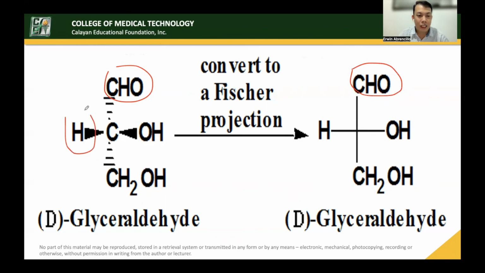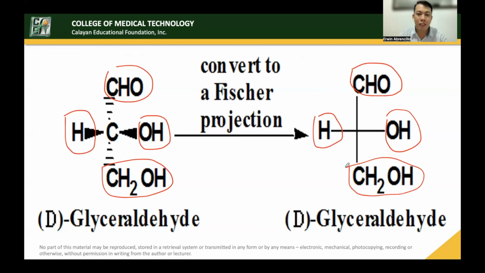Then H here at the left side, and then H here at the left side, and then OH here at the right side, then OH here at the right side, and then the CH2OH, you just have to copy it. So of course, it will follow the same formula. This is D-glyceraldehyde. So the Fischer projection is also in a D-glyceraldehyde.